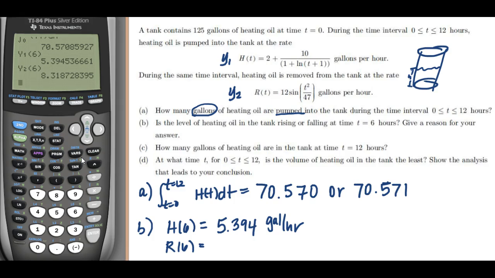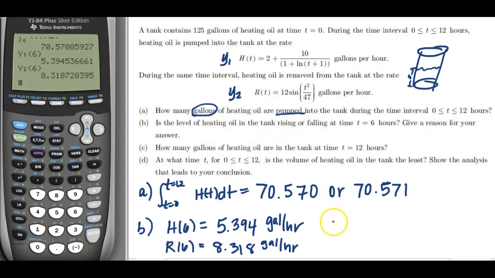So the rate of oil coming out is bigger. It's 8.318 gallons per hour. So since more oil is coming out than is going in, the level of heating oil must be falling.